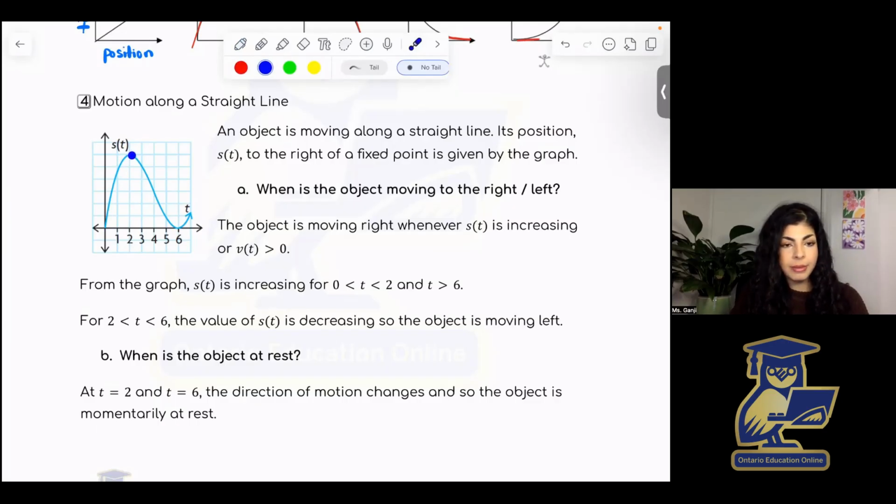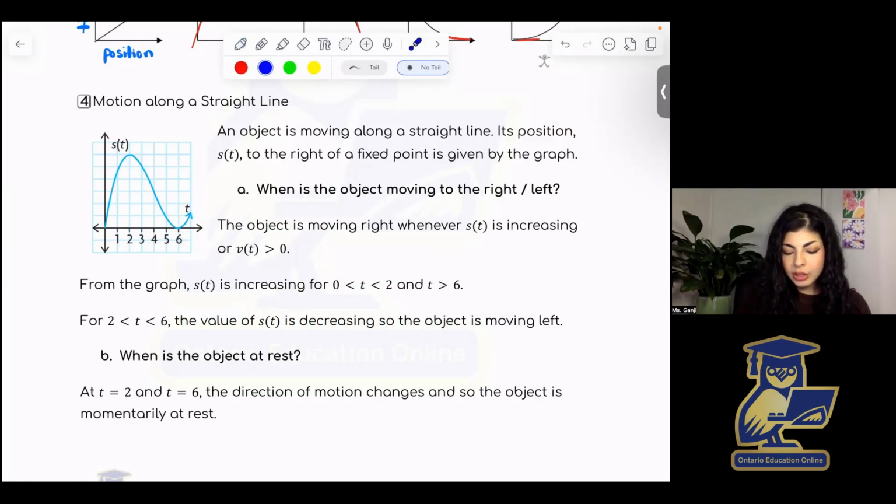And now here, I maybe turn around, and now I'm moving to the opposite direction. And so from t2 to t6, we are moving to the left. And finally here, we see that it is going back up. So, and that's the data that we're given. So we go based off of that.